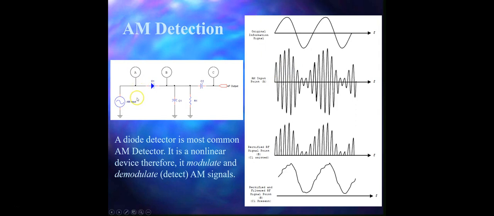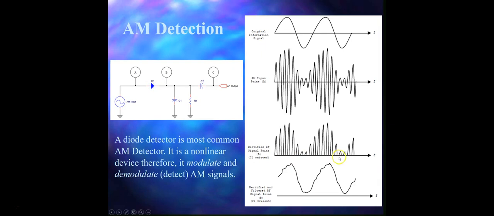So this signal is attached to the carrier frequency signal, and that's what we see here at test point A. After passing through the diode, the diode will behave as a rectifier. During the positive half cycle it will pass the signal, and during the negative half cycle it becomes reverse biased, so it will not pass anything.